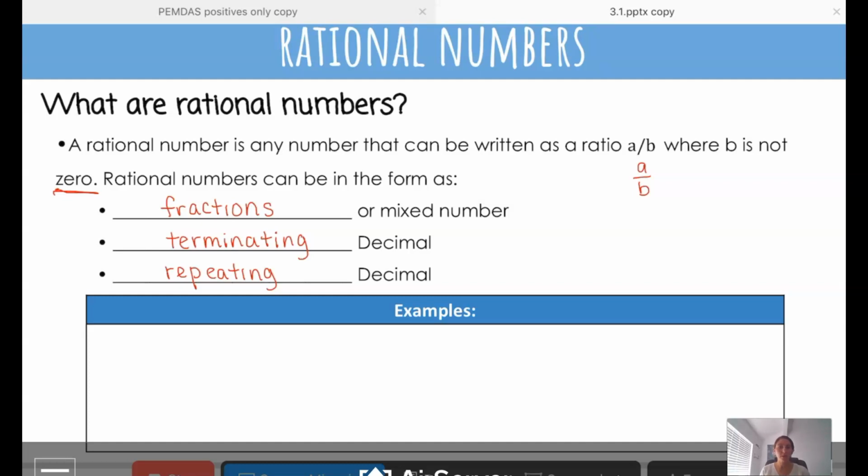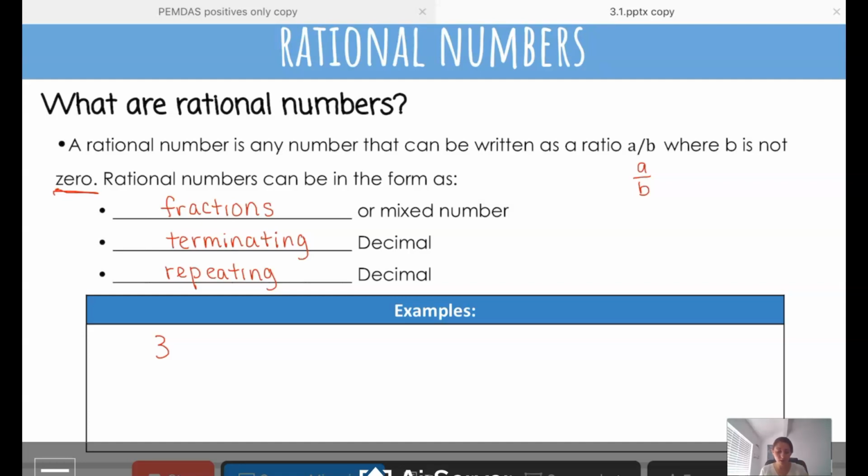So let's think of some examples that are considered rational numbers. So it's anything that can be written as a ratio or fraction. Well, whole numbers can be written as a ratio because if we take the whole number 3, we can do 3 over 1, which is a ratio, which is the same thing as 3 because 3 divided by 1 is 3.